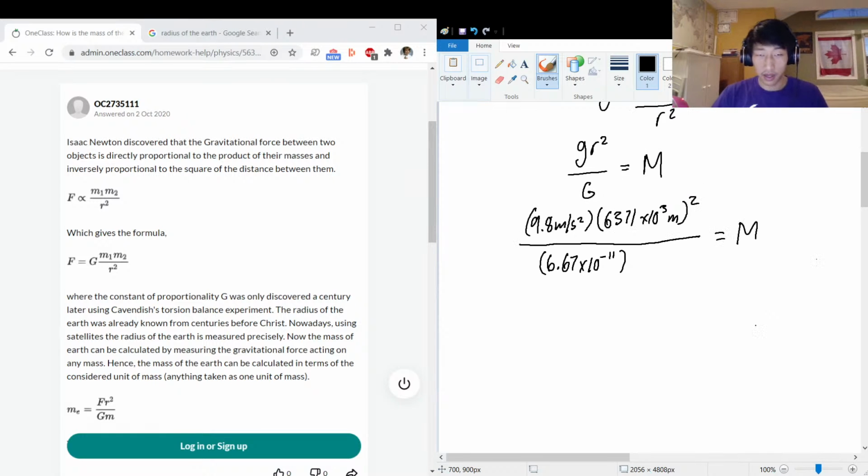Okay, so if I send this to the calculator, 6,371 times 10 to the power 3, square that whole thing, and divide that by 6.67 times 10 to the power negative 11.